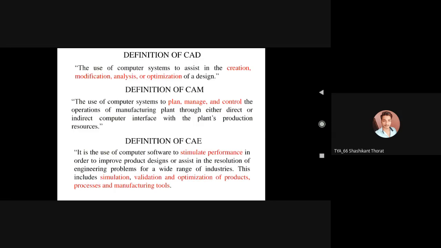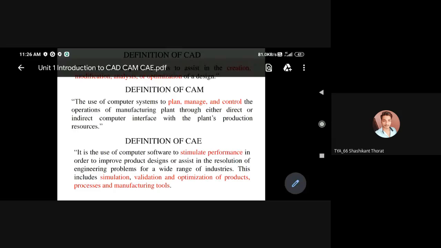Basically, computer aided engineering or computer aided analysis is very important for the industrial aspect, because it plays a huge role in the manufacturing sector. Before manufacturing, they will give the future details, due to which you can avoid any future failure or loss by using this type of software.